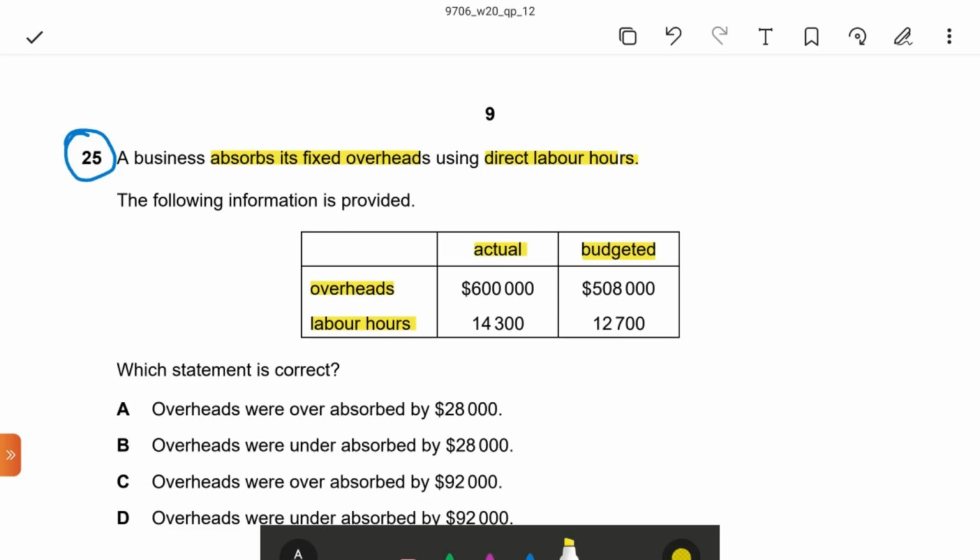Underabsorbed means the absorbed overhead is less than the actual overhead, while overabsorbed means it is more than the actual overhead. So first we have to check our absorption rate. Here the budgeted labor hours was 12,700 and the overhead was 508,000. So first we have to calculate the budgeted overhead rate.